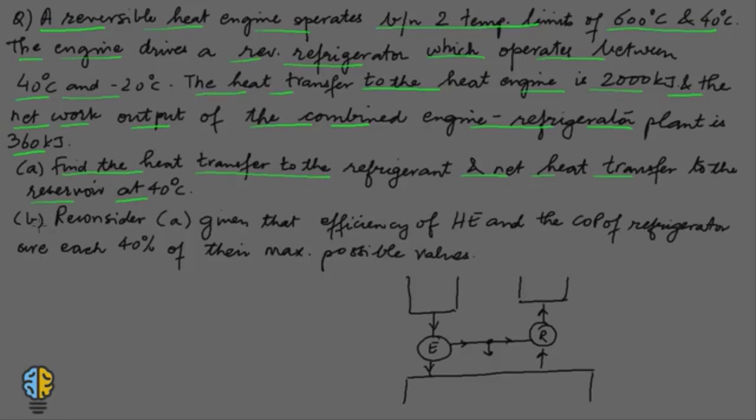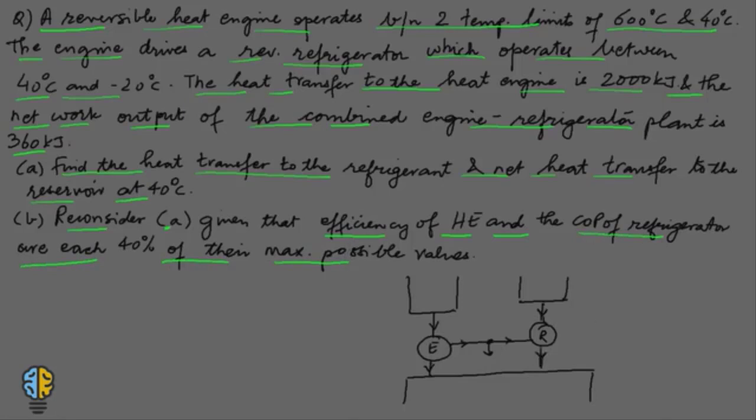And the second part is, let's reconsider part A. We have to find out whatever we found out in part A again, given that the efficiency of the heat engine and the COP of the refrigerator are each 40% of their maximum possible values.